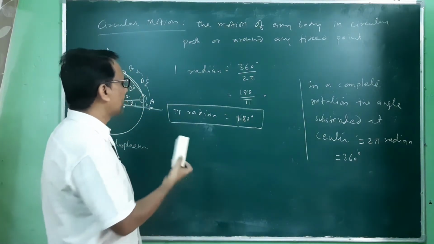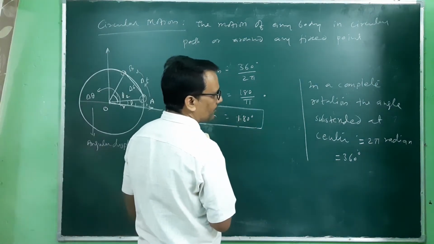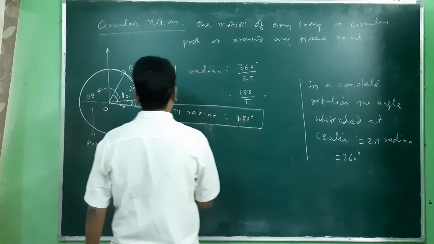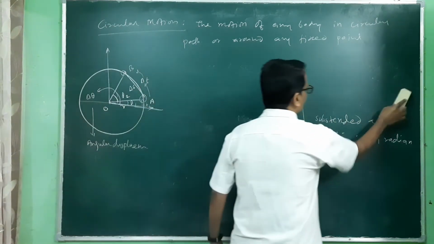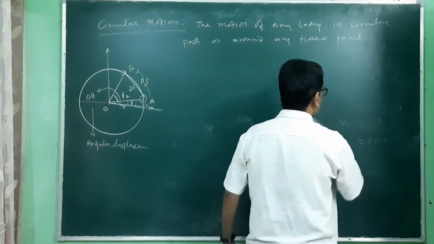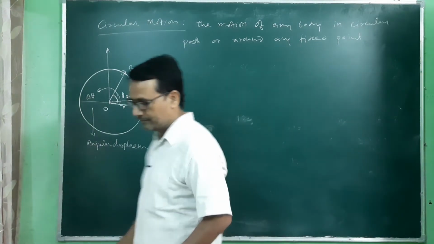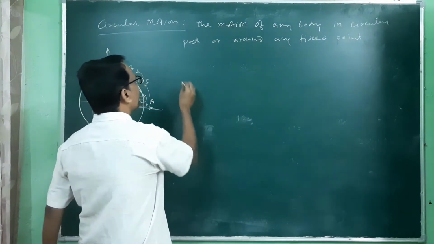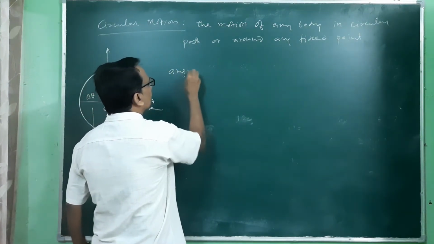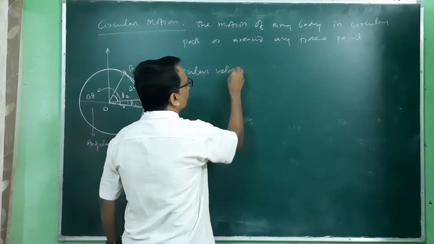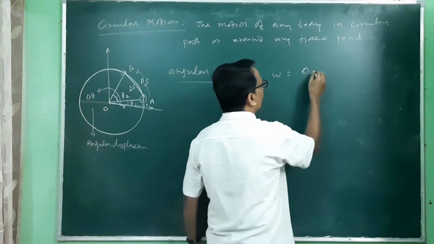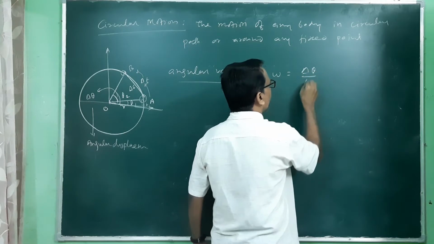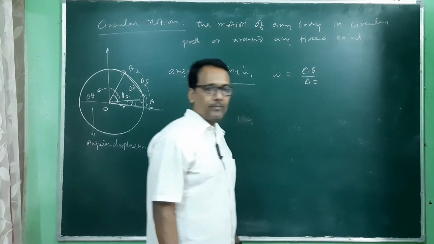Okay, next, let us discuss further the angular velocity. The angular velocity omega is defined as delta theta by delta t, theta 2 minus theta 1 over the time.